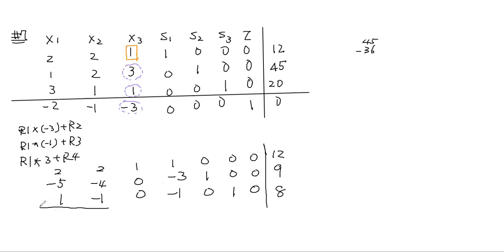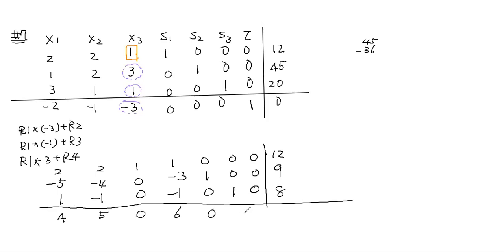Then let's see the last one here. I need to times positive 3 and add. 3 times 2 is 6, so this is 4. 3 times 2 is 6, so this is 5. This is 0, so this is 6.